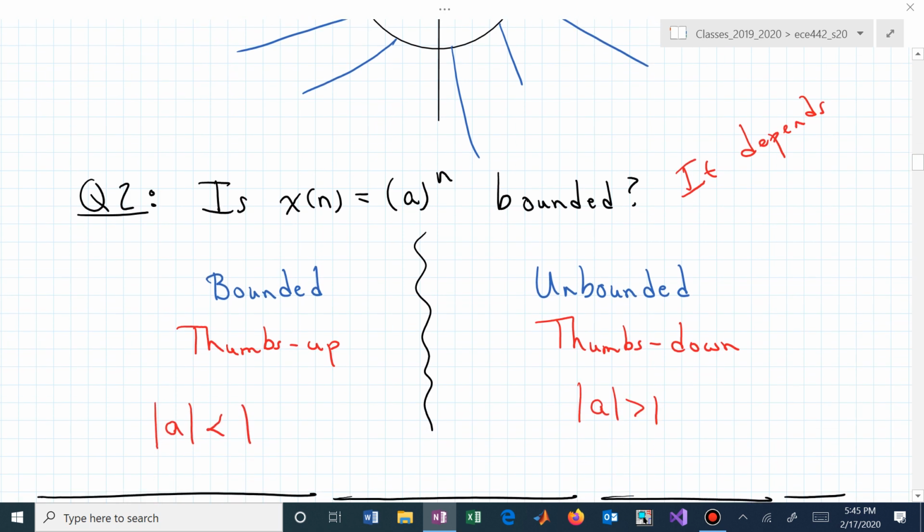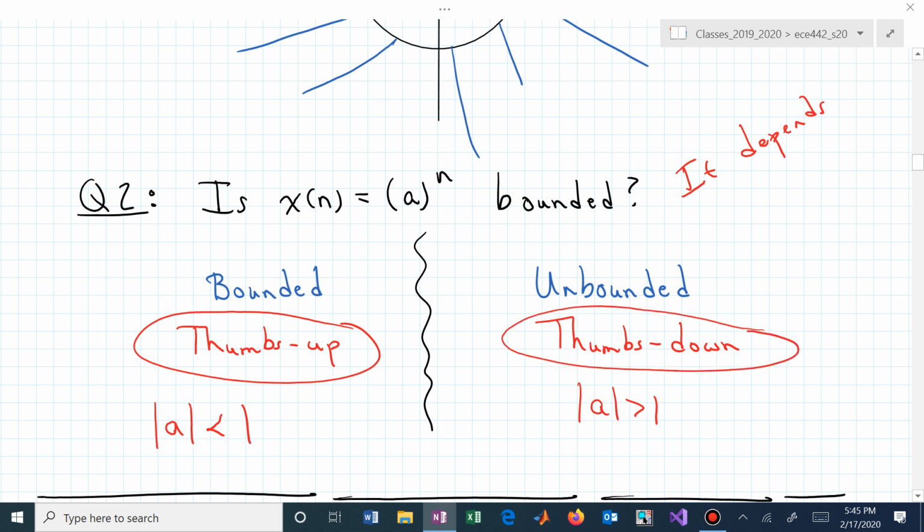If little a was less in magnitude than 1, then it would be bounded. If the magnitude of a was bigger than 1, with the region of convergence outside of that pole, we know it's true for non-negative little n, so that would go unbounded as a sequence of numbers.